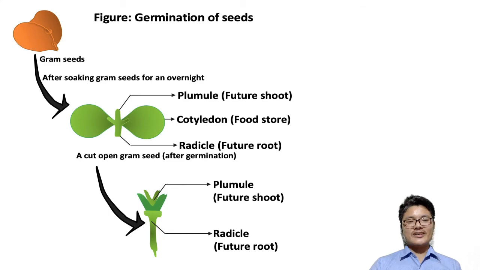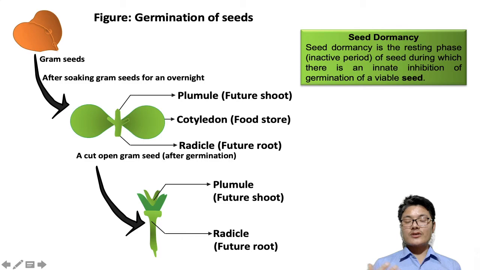Now, do seeds germinate just after the production of seeds? No, right? We usually find different seeds in the ration store or food stores. So in a grocery, we are able to find different seeds, right? And they are not germinated. So seeds can undergo seed dormancy.